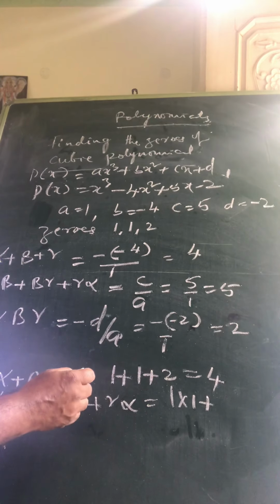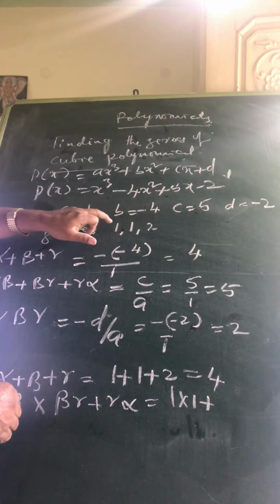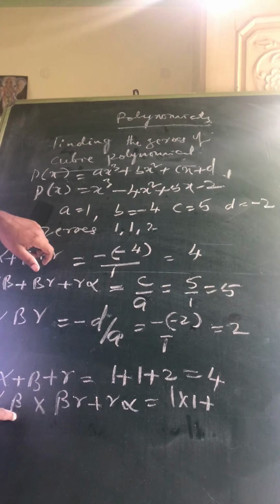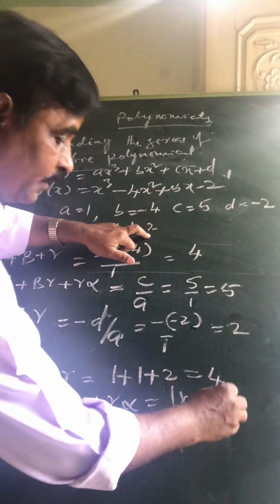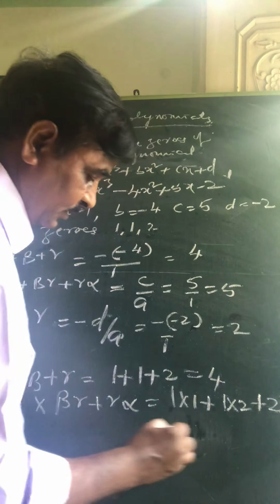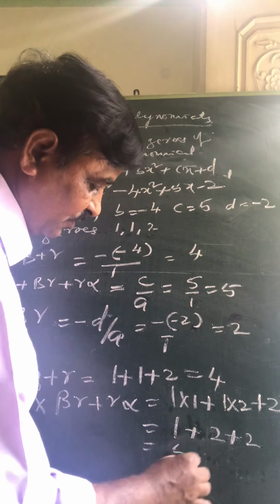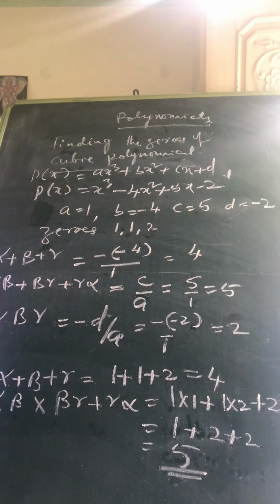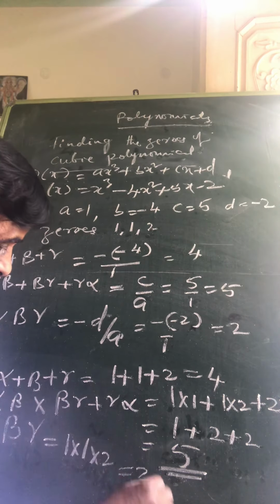The zeros here are 1, 1, 2: alpha into beta, that is 1 into 1, beta into gamma, 1 into 2, plus gamma into alpha, 2 into 1, is equal to 1 plus 2 plus 2 is equal to 5. Next, the product of zeros, alpha, beta, gamma is equal to 1 into 1 into 2 is equal to 2.